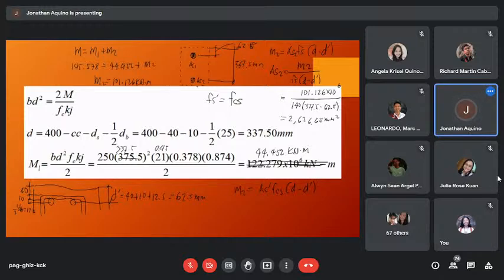So initially, we assume that the compression steel will yield. So meaning, if we assume that the compression steel will yield, Fcs natin will be equal to Fs. So if your Fs is equal to Fcs, same lang siya nung value nung As2. But we need to determine Fcs. So how are we going to determine Fcs? Okay. Meron tayo na isang slide.